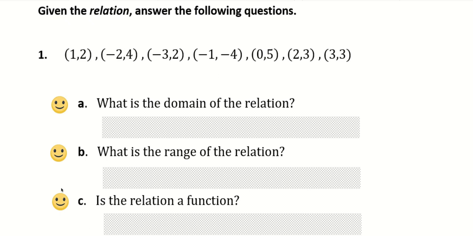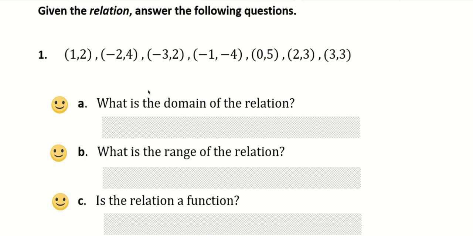So this worksheet overall, the whole idea here is it's always these questions. What is the domain of the relation? What is the range of the relation? And does this relation represent a function? Does it qualify as a function?